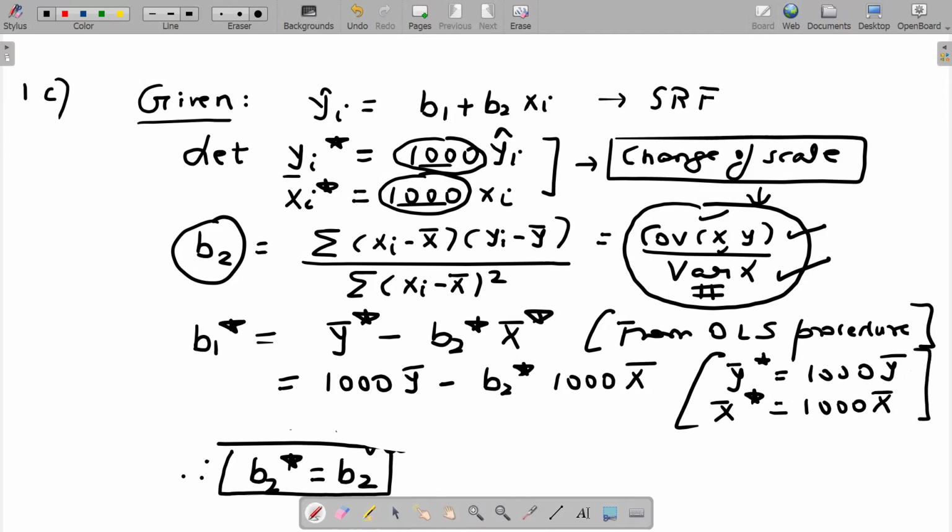Remember, mean is affected by change of scale. So if I multiply x bar by 1000, the new mean x bar star will be 1000 times x bar.